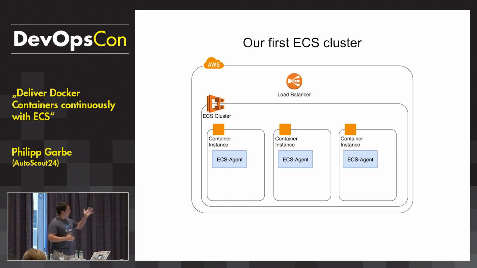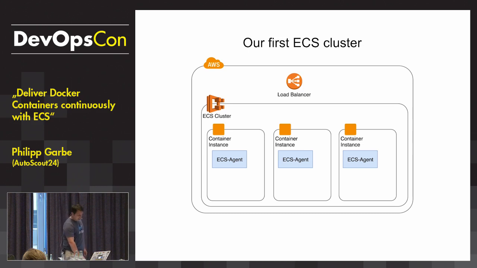They are all just the same container instances. There are no differences, and they communicate through an API. So the ECS agent communicates with the backend at AWS, and then starts the containers. This can then be wrapped in an autoscaling group.